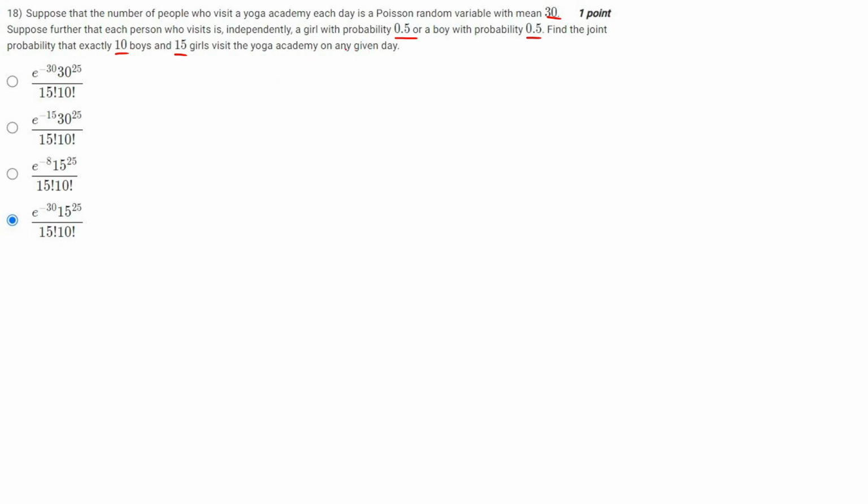Right, so I'll just assign some variables here. Let x be the number of boys and y be the number of girls, and now we have to find z as x plus y, the total number of people visiting the center. So what is the first question? Probability of x equal to 10, comma y equal to 15.